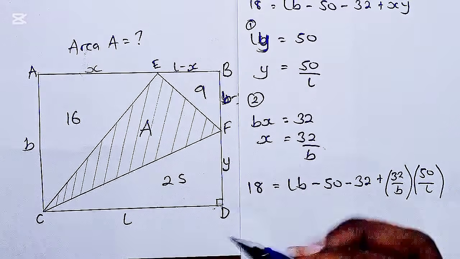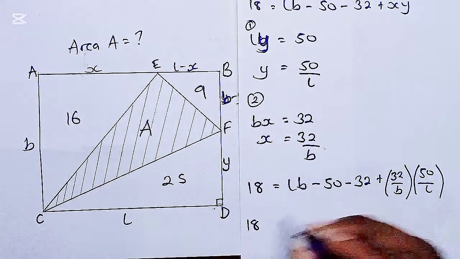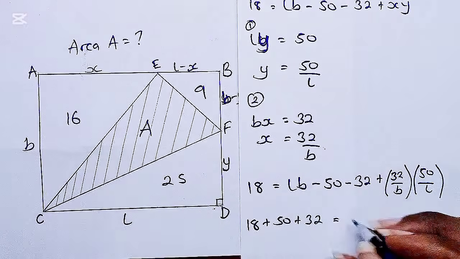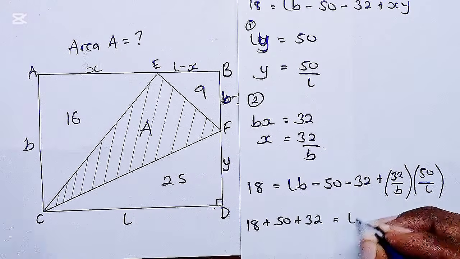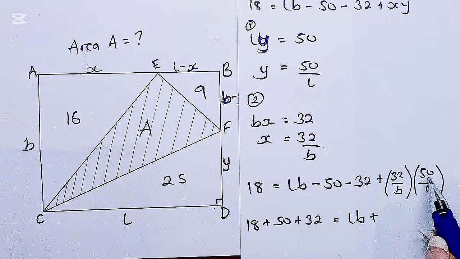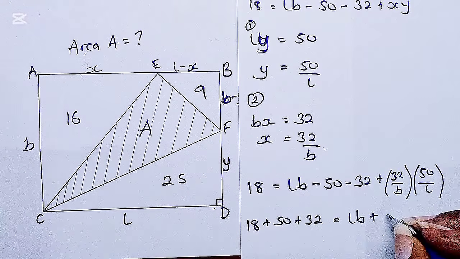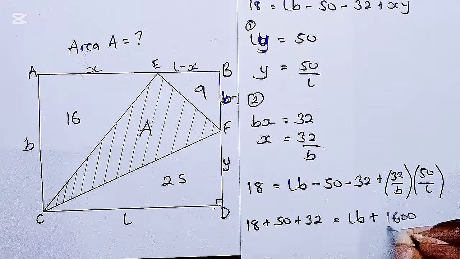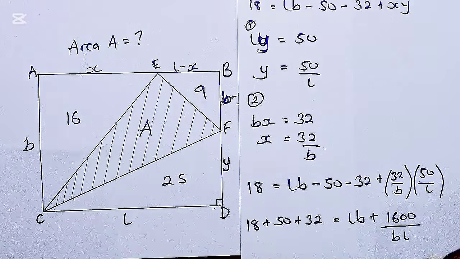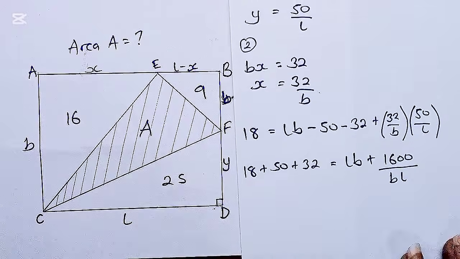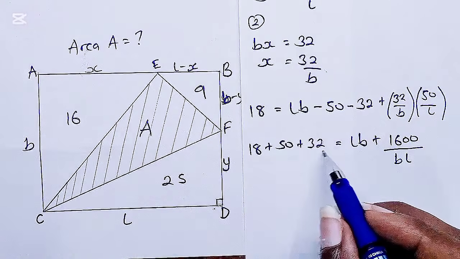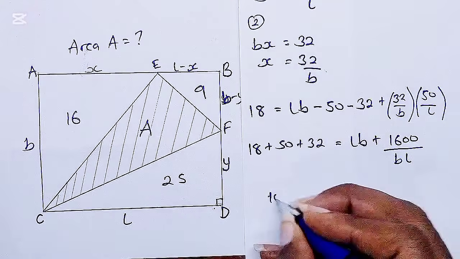So we collect like terms. We shall have 18 plus 50 plus 32 equal to LB plus, now 32 times 50 gives us 1600 over BL, or LB. So 18 plus 50 plus 32 gives us 100.